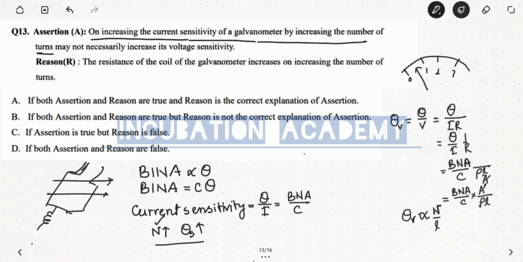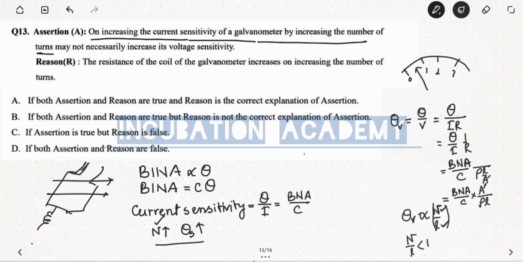If you increase the number of turns, obviously the length also increases. So depending on this proportion N by L, the voltage sensitivity changes. If the length increases much more than the number of turns, so that N by L is less than 1, then the voltage sensitivity decreases.